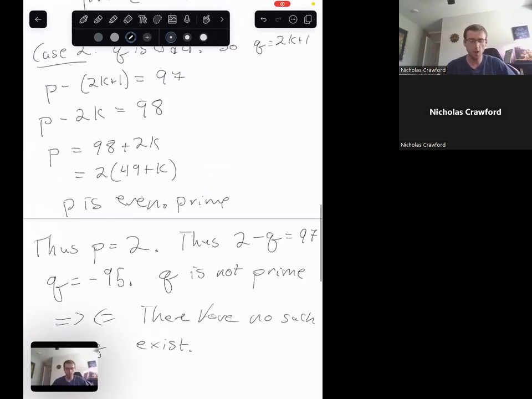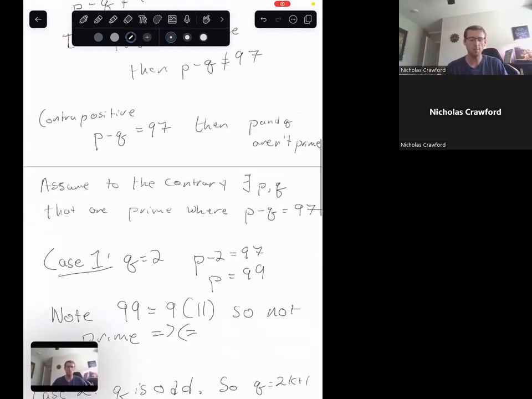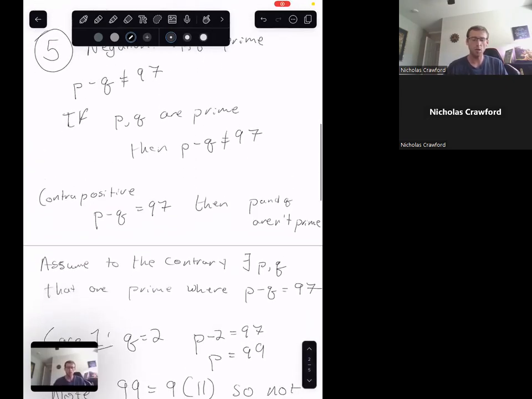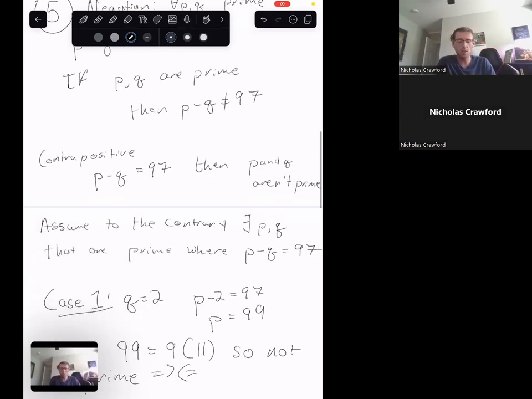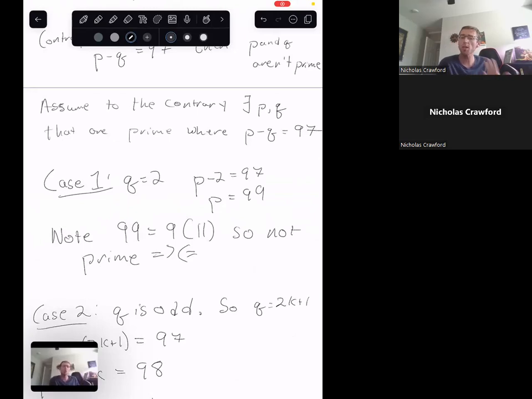So if no such P and Q exists, what did we just show? We showed the negation was true, which means the original statement was false. It took kind of a long way to get there, but sometimes showing negations are true can be easier.